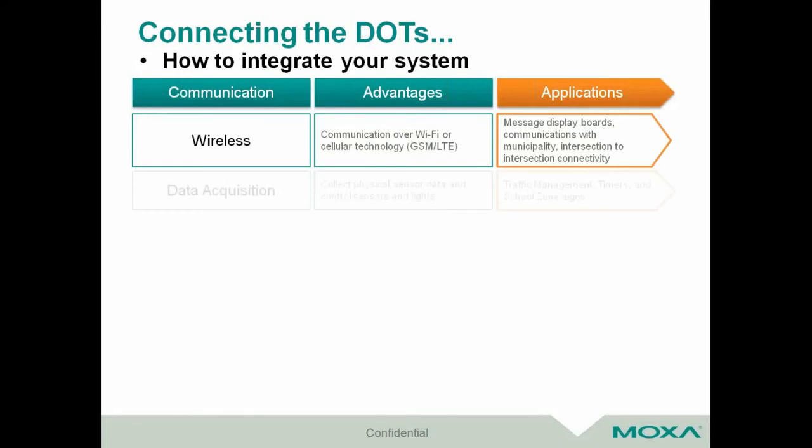Data acquisition. What I've seen is that with data acquisition, we have digital inputs and outputs that are used in several applications. Traffic management: as I mentioned earlier, traffic lights are sometimes set on timers, and school zone signs. One application that I've actually seen for data acquisition is being able to mirror some inputs and outputs to configure how the freeway ramps will work with each other.